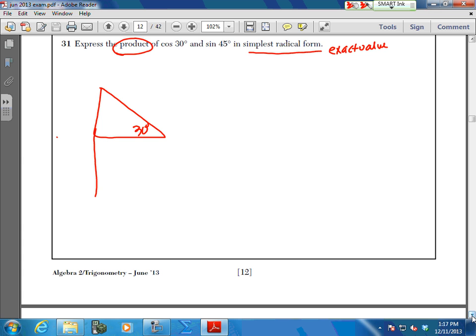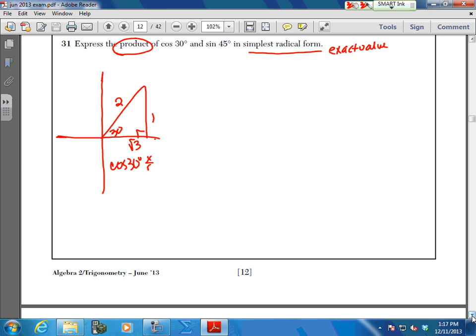You can do it in your x-axis if it's even easier than your xy axis. So here's your 30. Remember, opposite is 1, hypotenuse 2, radical 3. So your cosine of 30 is x over r, radical 3 over 2.